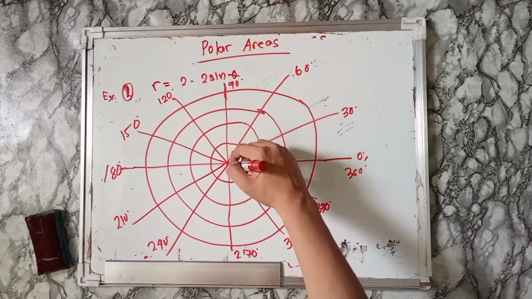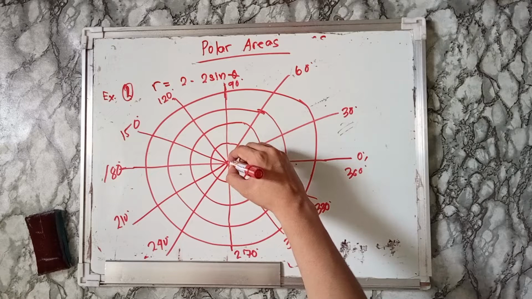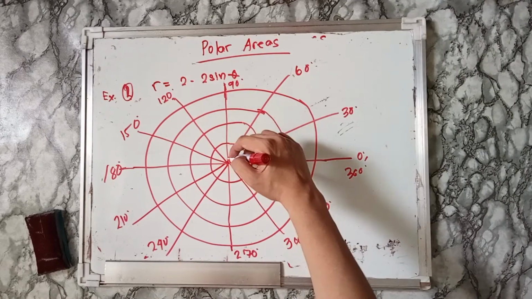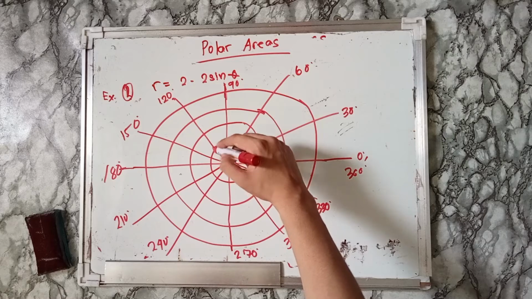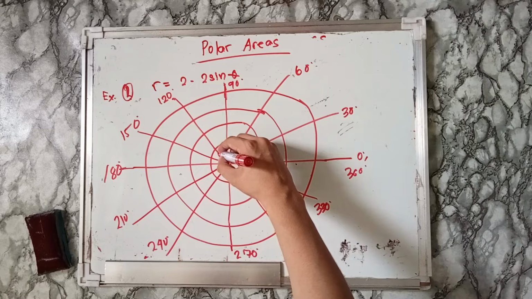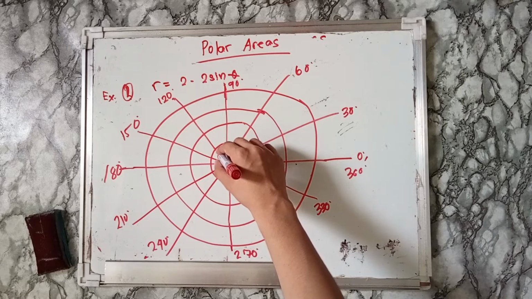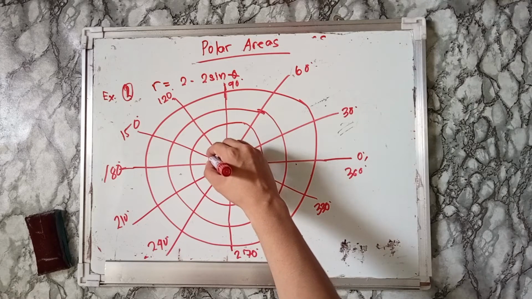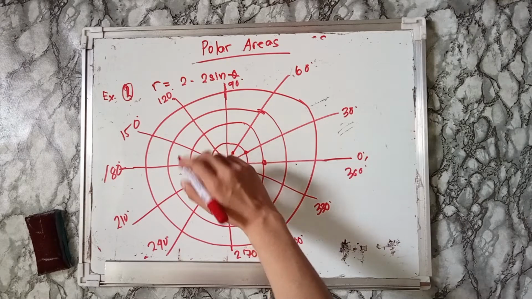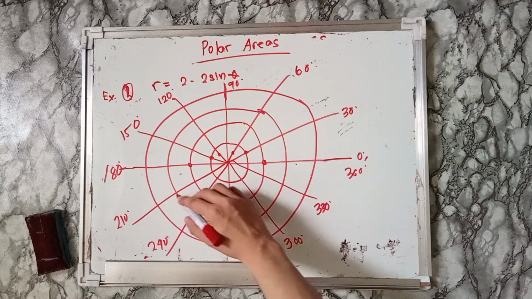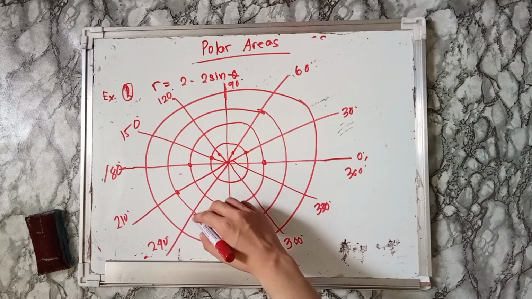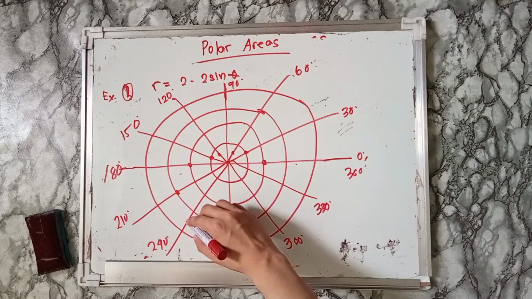And 90 is 0. 120 is 0.27, so somewhere here. 150 is 1. 180 is 2. 210 is 3. 240 is 3.73, somewhere here.